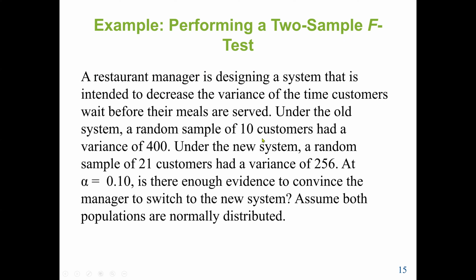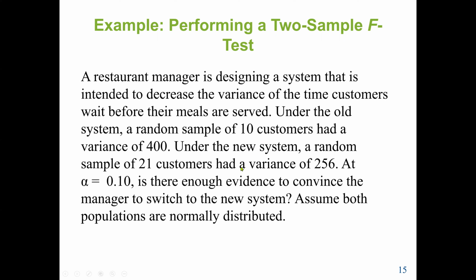Under the old system, the random sample of 10 customers, so we can say n1 is 10, and it had a variance of 400. So our first variance is 400. Then under the new system, the random sample is 21 customers, which means n2 is 21, and it had a variance of 256.